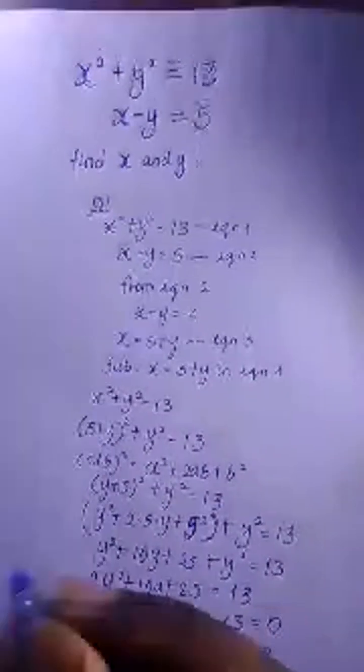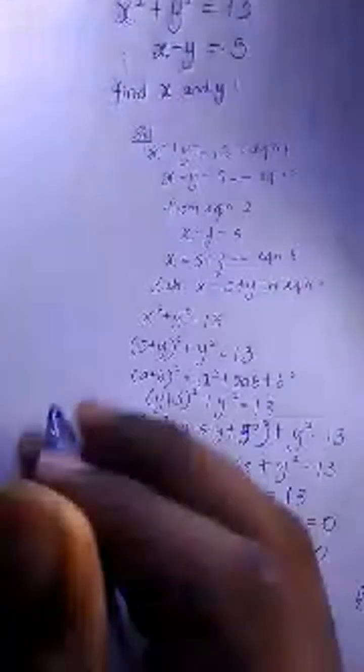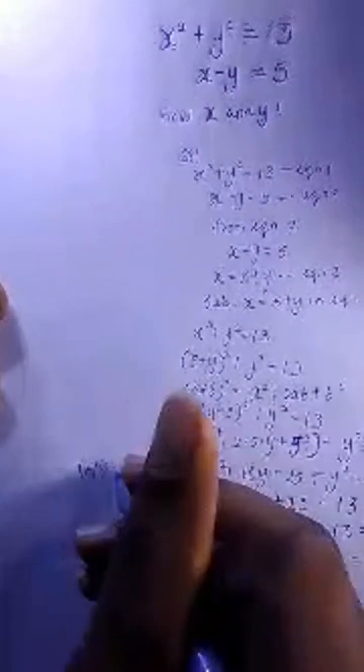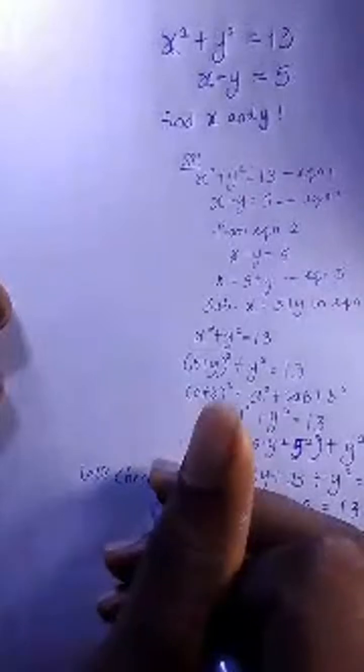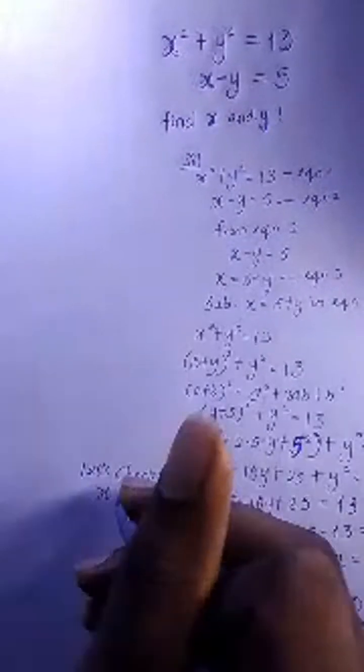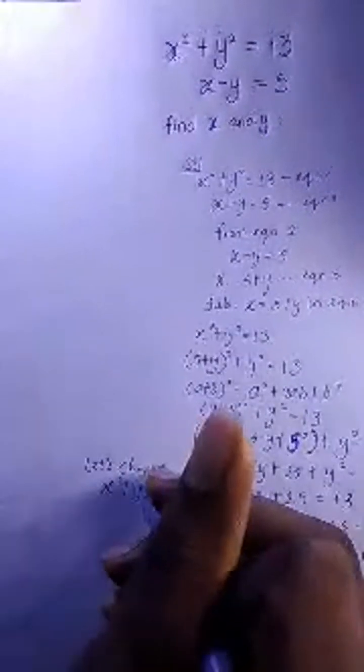So now let's confirm, let's check if our answers are correct. This was our original equation, the question we were given. We'll term the first equation x squared plus y squared equals 13, right?